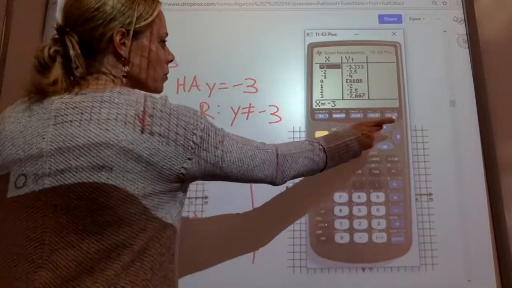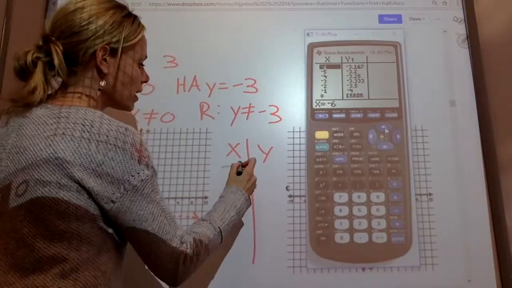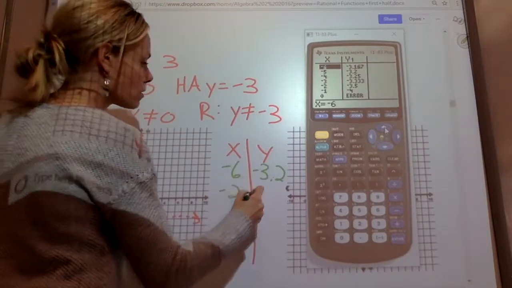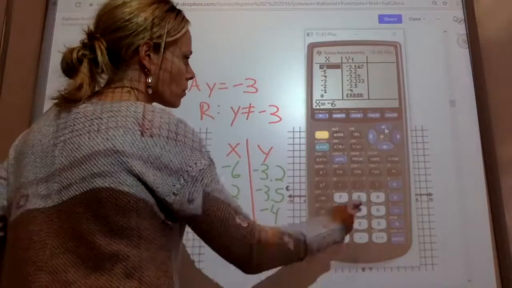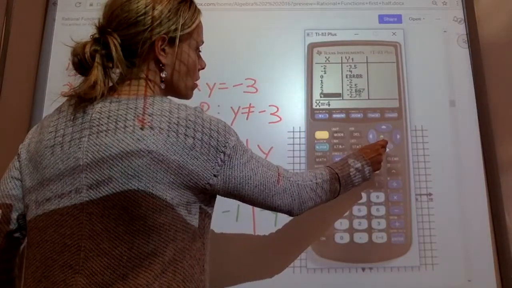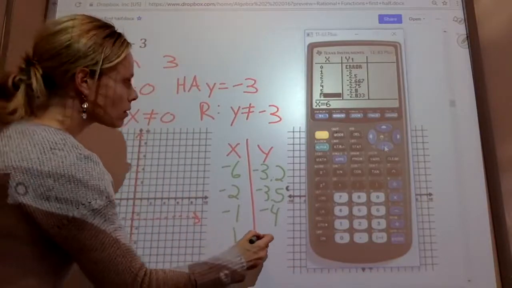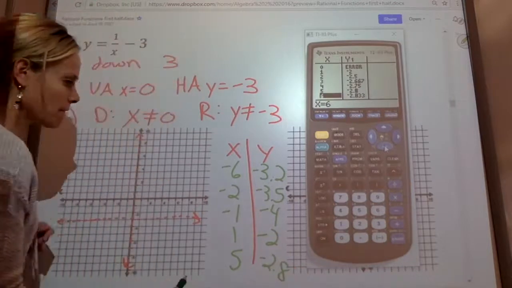So what are some good points here? I don't know. And you don't have to have the same points as me. So there's some points, and go on the other side of the vertical asymptote. 1, -2, and 5, -2.8. There's some points.